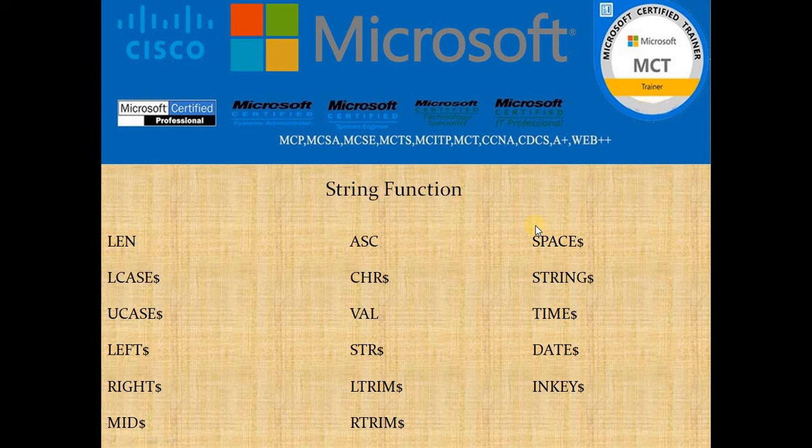These are all string functions. In the days to come, we are going to learn each one of these in order to be perfect at using built-in functions to write a better program.